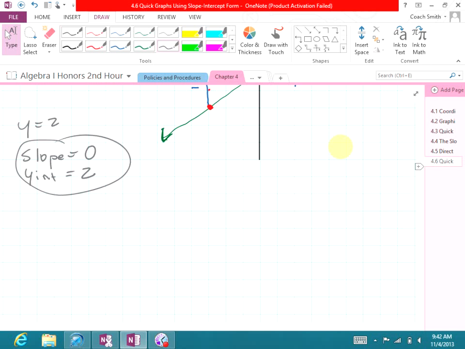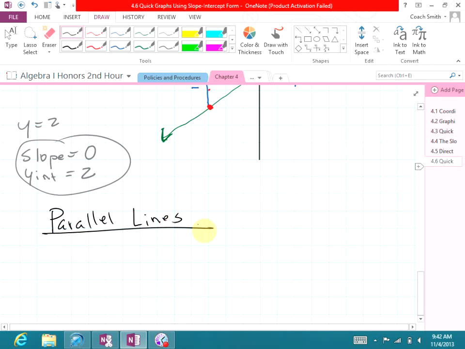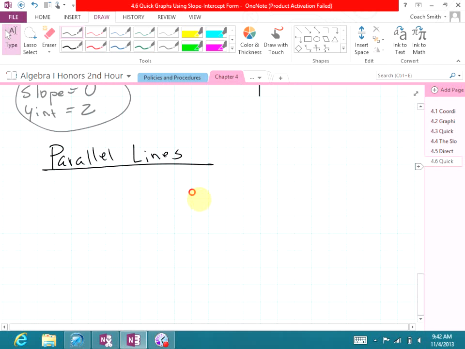All right, now, let's move to the last thing, and that is parallel lines. Parallel lines have the same slope. Okay?